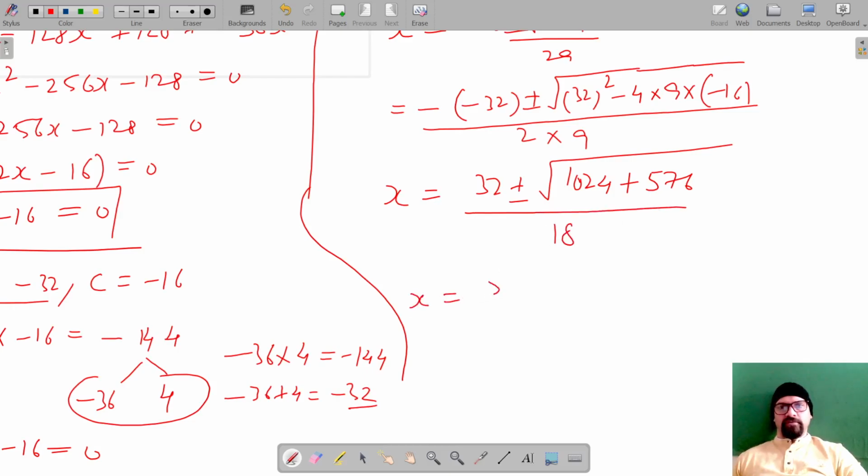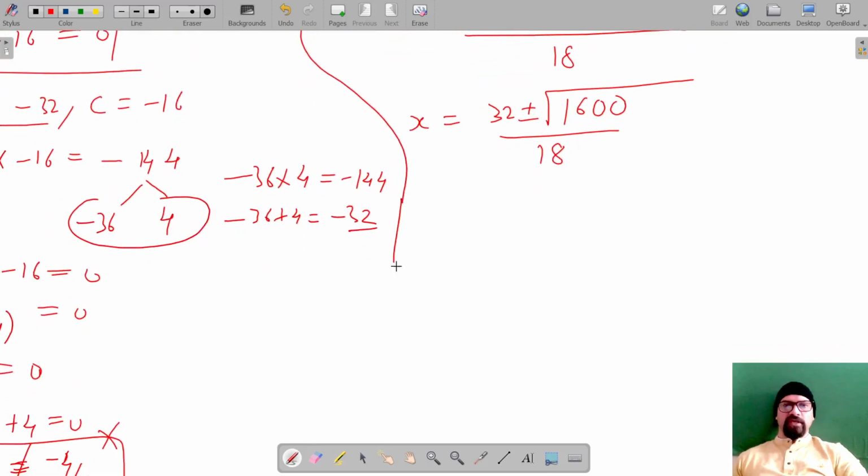So x is equal to 32 plus minus root of 1024 plus 576, which is 1600, by 18. I can write x as 32 plus minus root of 1600, which is 40, upon 18.